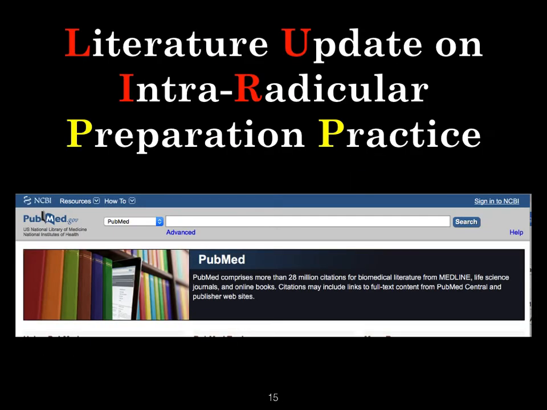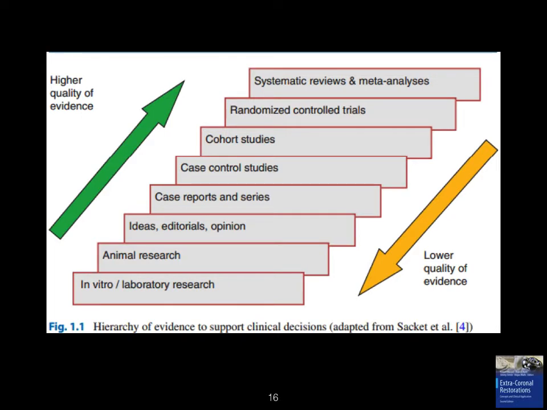Now we're gonna see what is the recent update in the scientific literature about intraradicular preparation practice. When you go through the literature, it's important to know what kind of evidence you are looking at. The more systematic and organized and accumulative the result, the more it is applicable in general terms.